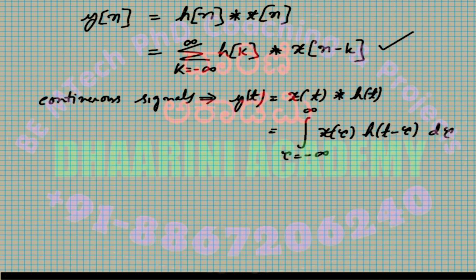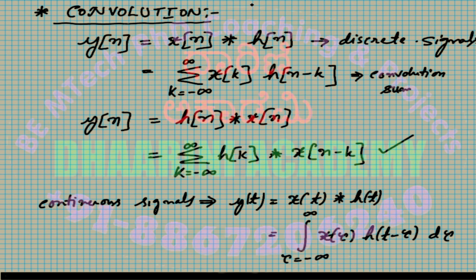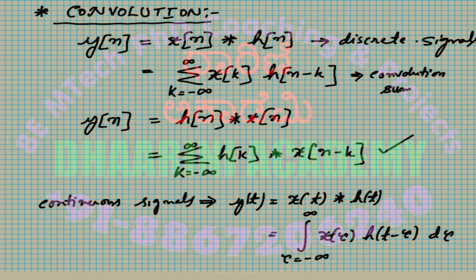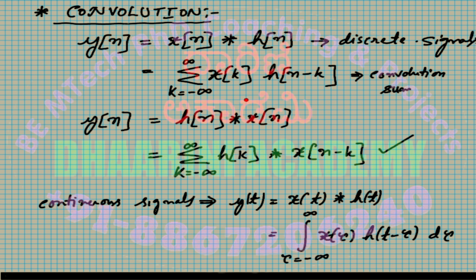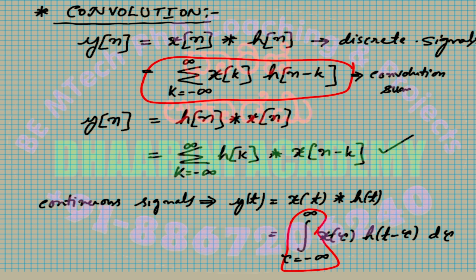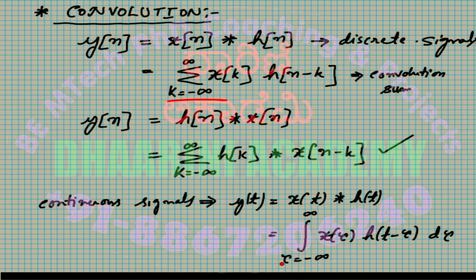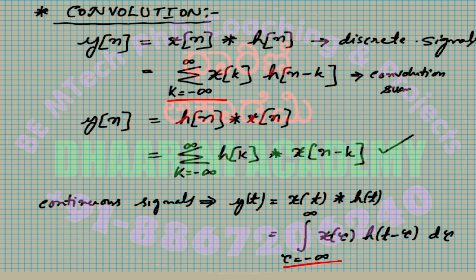Compare it with the previous equation so that you get a clear idea of what is happening. What we are writing is the equivalent of the earlier term. There is no summation, there is an integration, so replace the summation with the integral. I don't use k now, I use tau, from minus infinity to infinity.